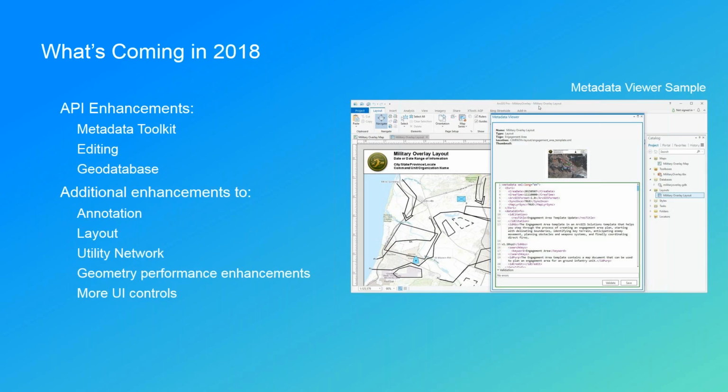And also geodatabase API enhancements for more control over enterprise geodatabase management tasks. There are also plans to expand on the 2.1 API work for annotation, layout, and utility network. And there will also be work on improving geometry performance, as well as providing more UI controls so that developers can create great-looking add-ins that are in sync with ArcGIS Pro styling.